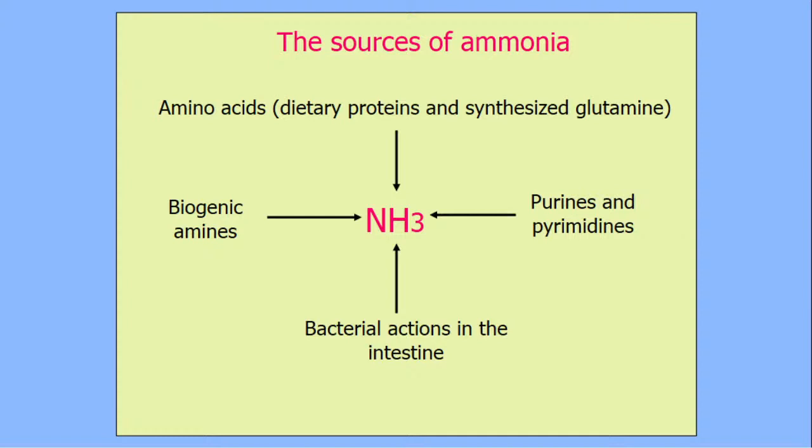And finally, bacteria that are living in our intestine also can produce a small quantity of free ammonia that can be absorbed in the intestinum and go to the blood. But of course, the main sources are dietary proteins and amino acids.